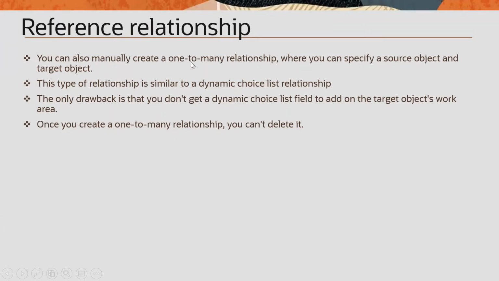There we just select the source object and target object, and then create the relationship. If we create it like this, we will not get a field like the one we create here, but we can add a subtab on the object.